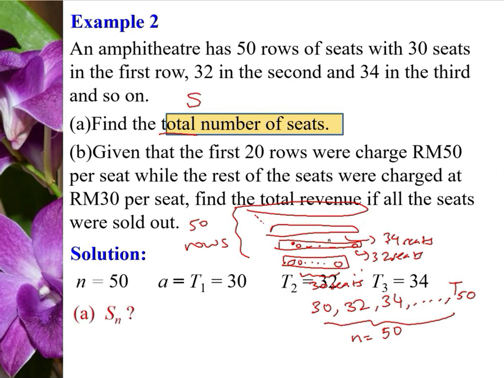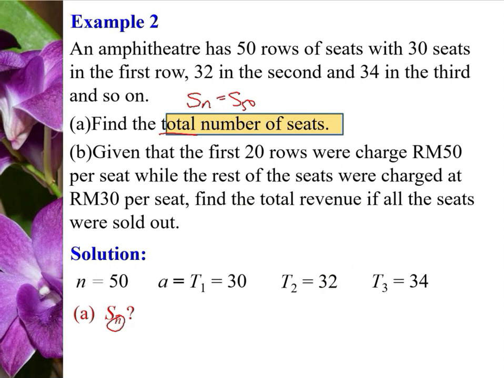Question A mentioned the total, so we know this is capital S, the sum of the sequence. But what is the n that we have to substitute to find the total number of seats? Do we know the total number of rows for this amphitheater? Yeah, we do. The total number of rows in the amphitheater is 50.